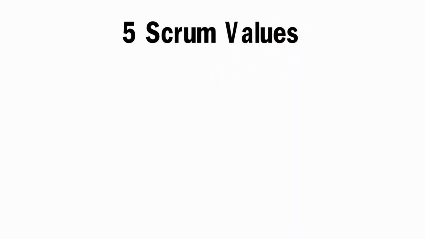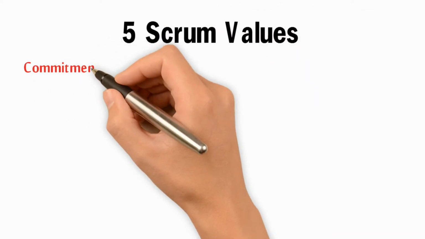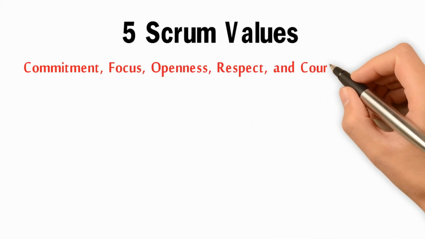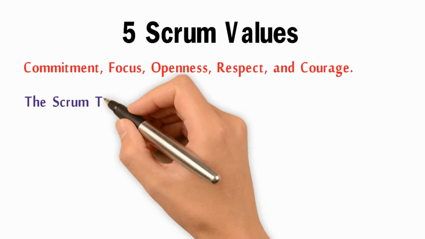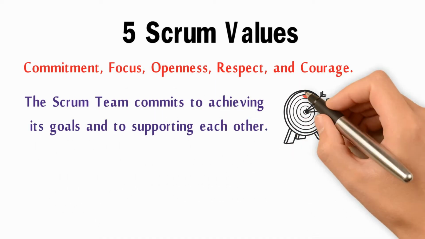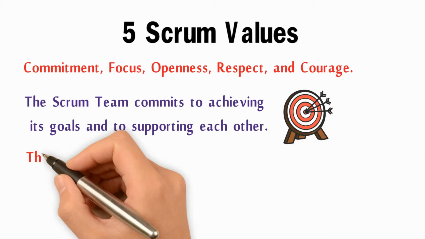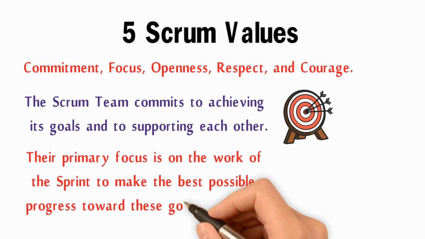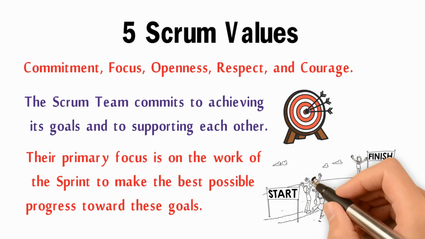5 Scrum Values: commitment, focus, openness, respect, and courage. The Scrum Team commits to achieving its goals and to supporting each other. Their primary focus is on the work of the Sprint to make the best possible progress towards these goals.